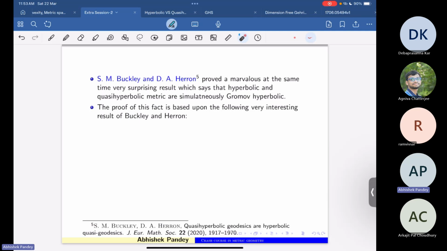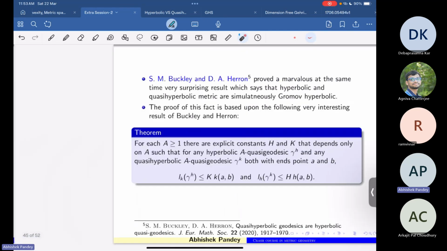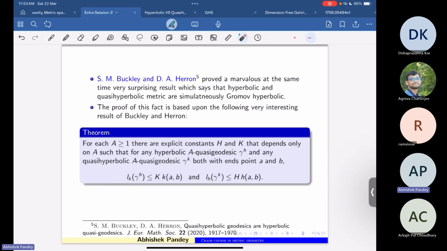And the proof of this fact is based upon the following very interesting result, which says that basically a hyperbolic geodesic is a quasi-hyperbolic quasi-geodesic, and a quasi-hyperbolic geodesic is a hyperbolic quasi-geodesic. So let us take a is equal to 1. So a hyperbolic 1 quasi-geodesic.